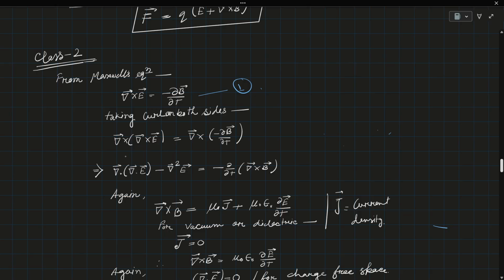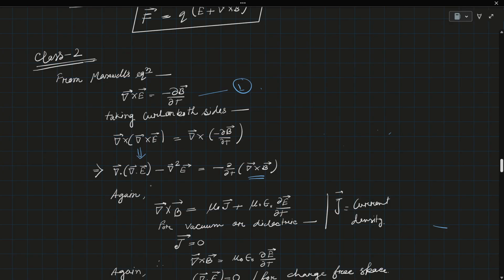This is one of the identities, so we can write del cross (del cross E) equals del (del dot E) minus del square E. Again, space and time are independent here, so I can take the del inside the del by del t.